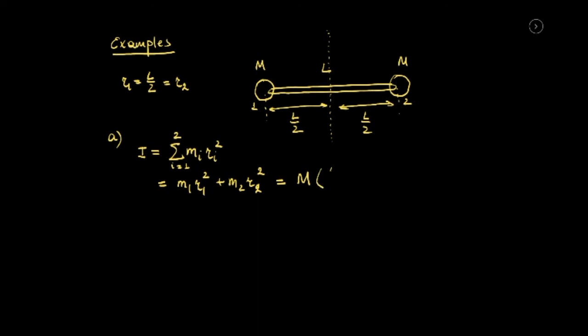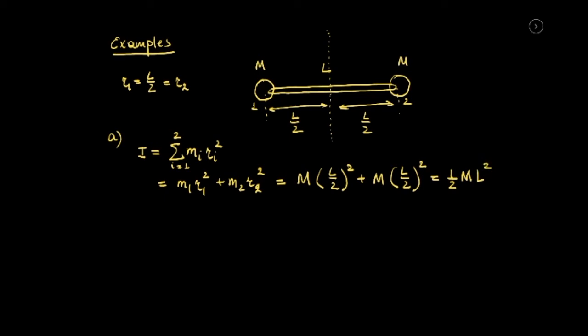So m (L/2) squared plus m (L/2) squared. The summation gives us 2mL squared divided by 4, which is equal to 1/2 mL squared.